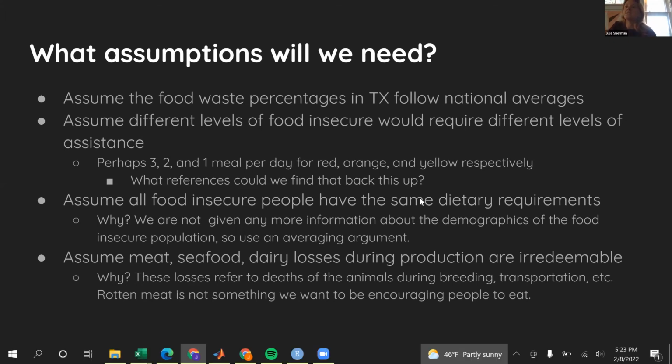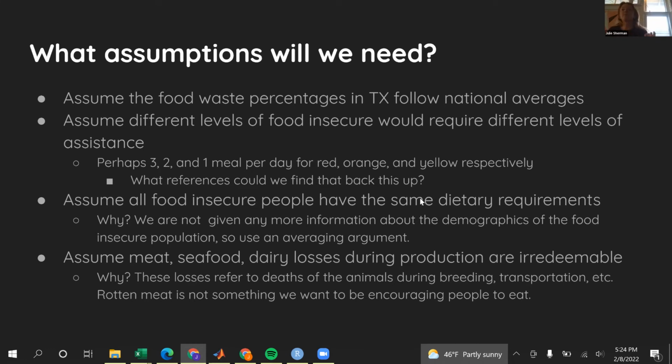We also can assume, like I was talking about in the data, that these different types of food insecure people may have different needs. So perhaps we could simplify to 3, 2, and 1 meals a day, or maybe that is too extreme. Maybe it's 10, 5, and 3 meals a week or something like that.